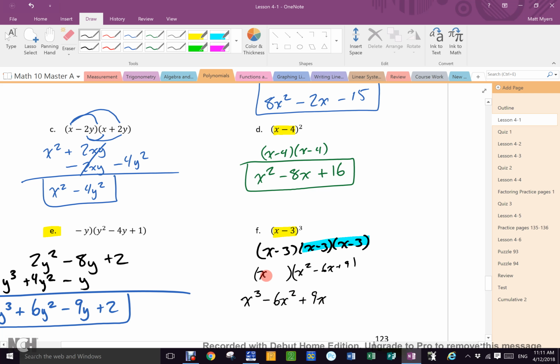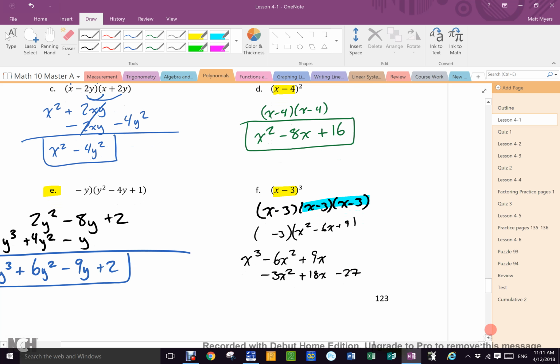Great. Now, the x is gone. Now the negative 3 has to go through. What's the first one? Negative 3x squared. Are there any other x squareds? So you better put them together. What's the next one? Plus 18x. Keep the x's together. What's the last one?